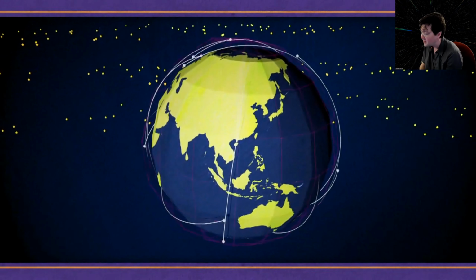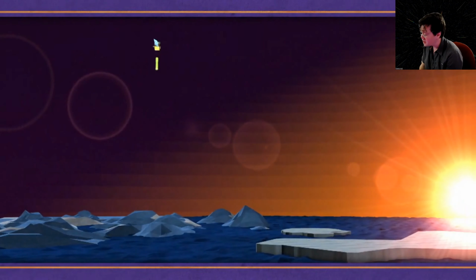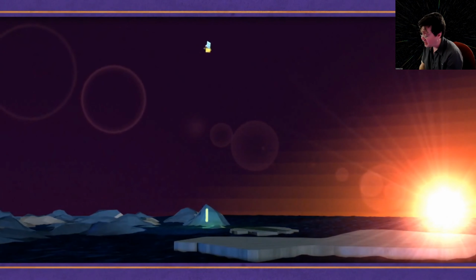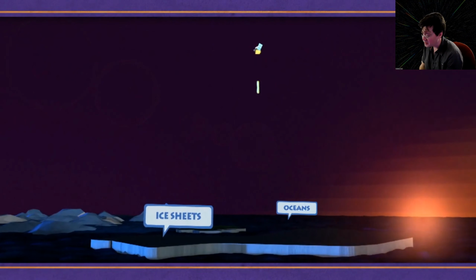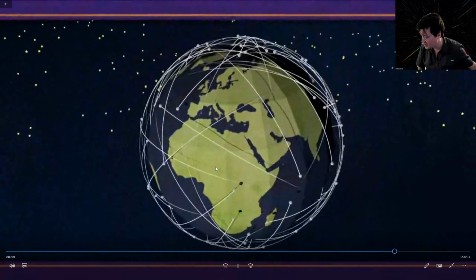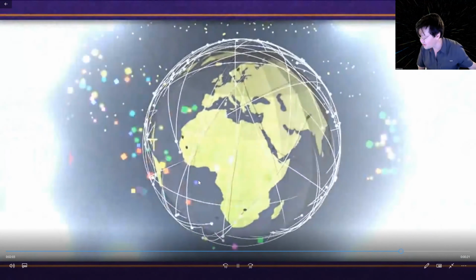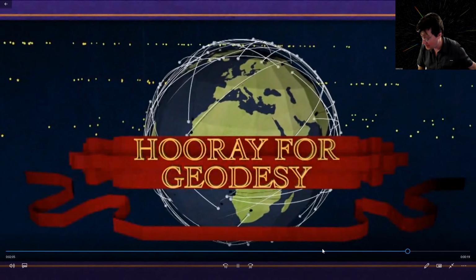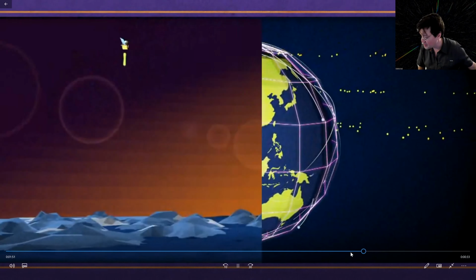We'll talk about the wobble of the Earth later. And then we'll talk about how you can measure that gravitational field, which they just showed there. In fact, here's a constellation of satellites. Hooray for geodesy.